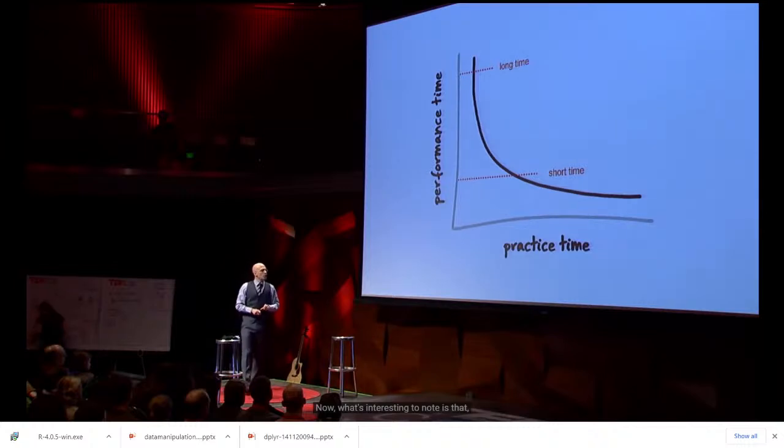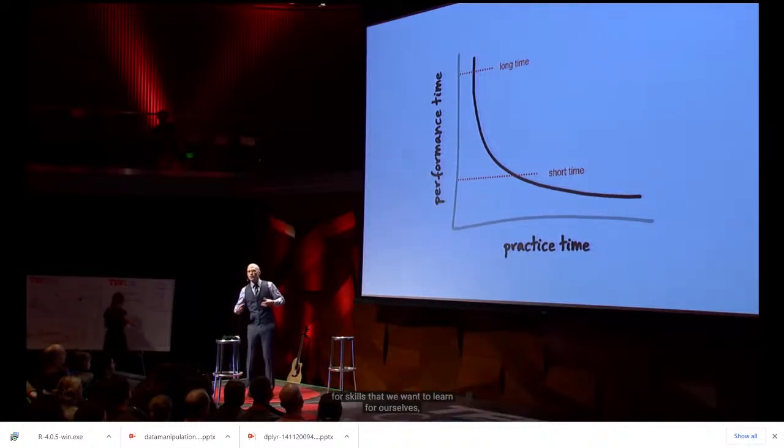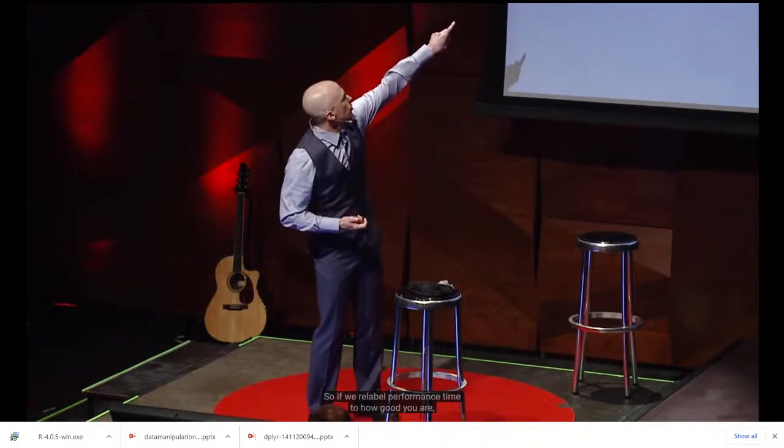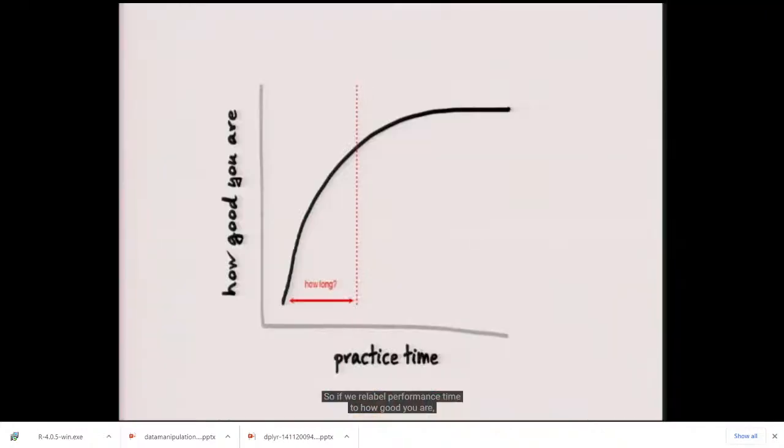Now, what's interesting to note is that for skills that we want to learn for ourselves, we don't care so much about time, right? We just care about how good we are, whatever good happens to mean. So if we relabel performance time to how good you are, the graph flips, and you get this famous and widely known graph, the learning curve.